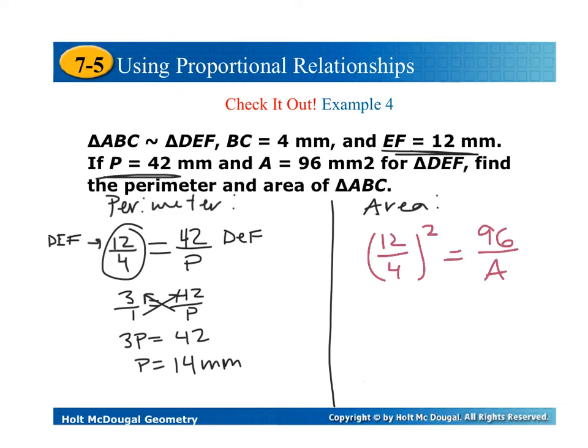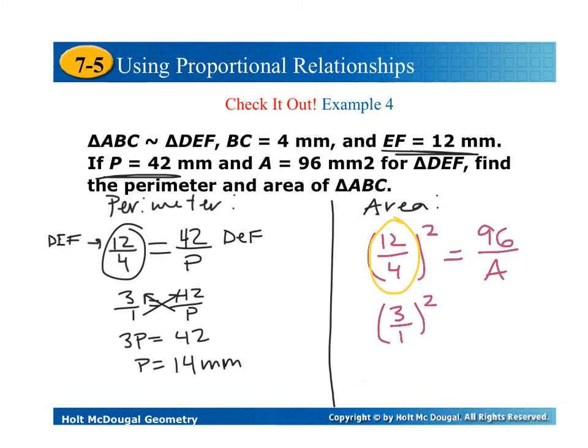Now we could do 12 squared and 4 squared and have 144 over 16. Or we could simplify the inside here first and then square it. So what do you think would be easier to do? Simplify and then square. So how do we simplify 12 over 4? 3 over 1, we just did that. And then we do 3 over 1 squared.